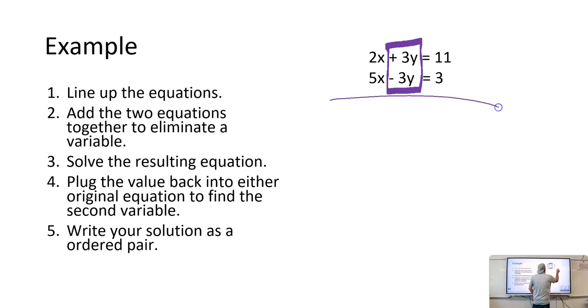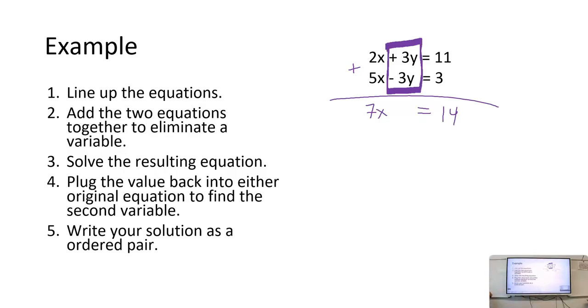So we're just going to add these equations together. 2x plus 5x is 7x. 3y plus negative 3y is 0, so it disappears. We've eliminated the y. And then 11 plus 3 is 14. Okay, so we have eliminated a variable.